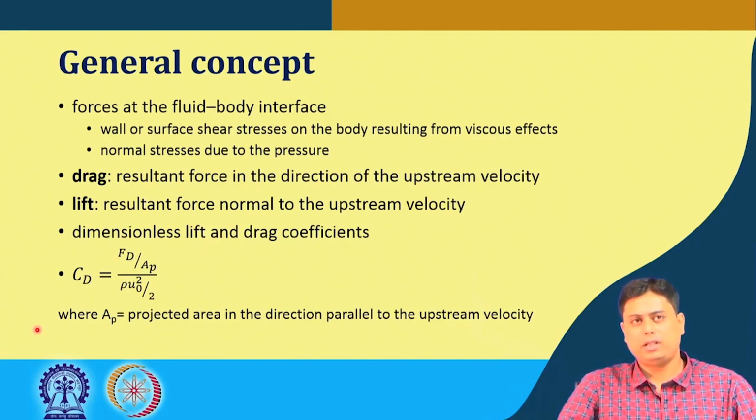Therefore, the pressure and the shear stress have components in the direction of the upstream velocity. These components of the shear stress and the normal stress contribute to the drag force, and the other force that acts is normal to this.